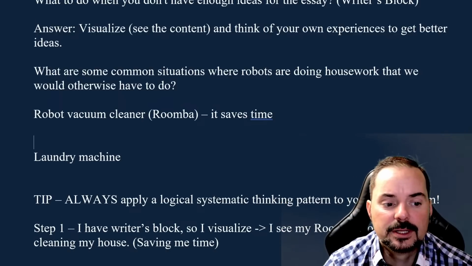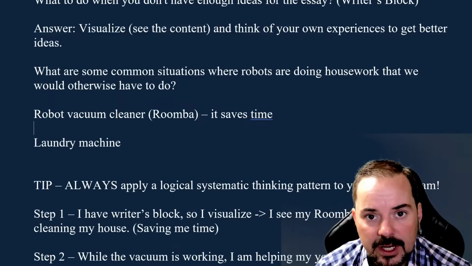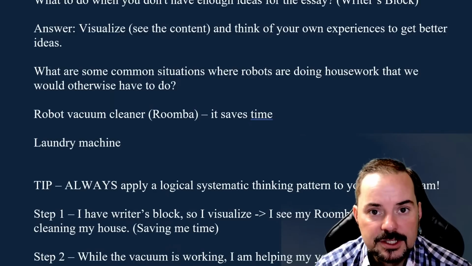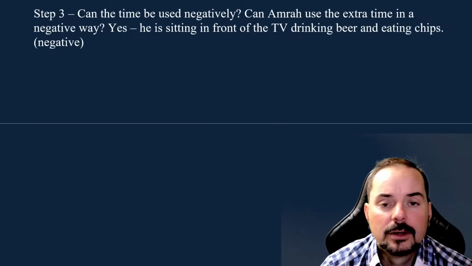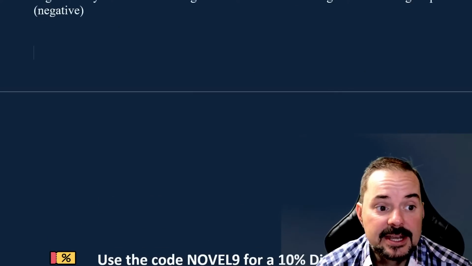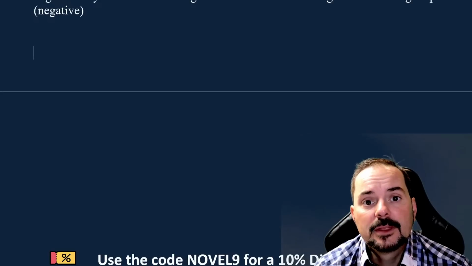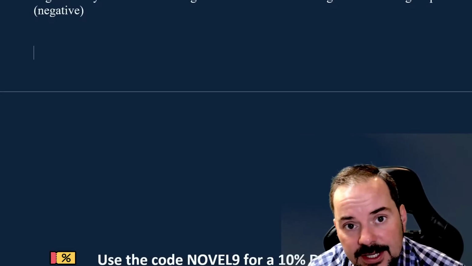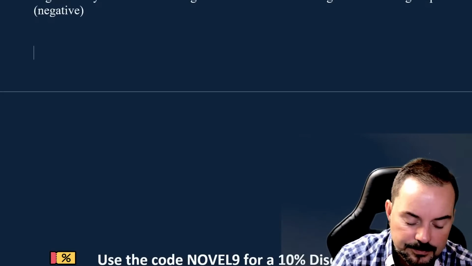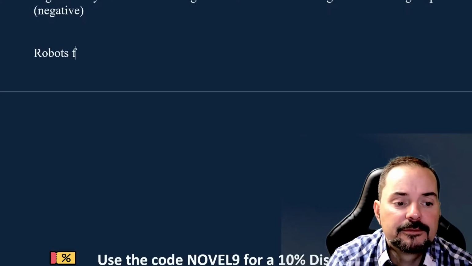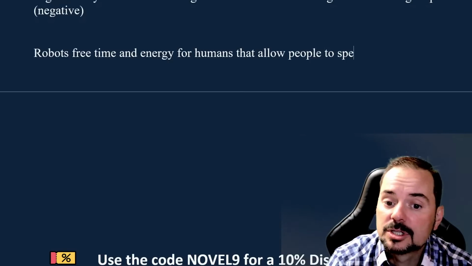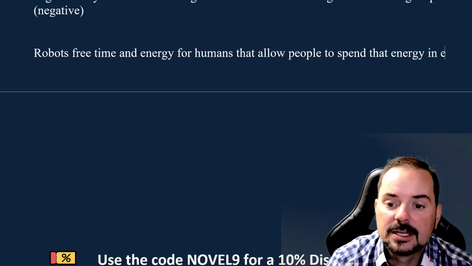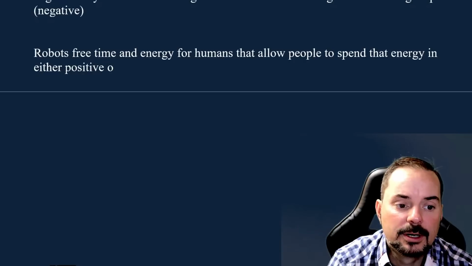Then we very quickly realize that there are great benefits to robots working in the house and at the job, because they allow us to use our time for other endeavors, right? So robots free time and energy for humans that allow people to spend that energy in either positive or negative ways.